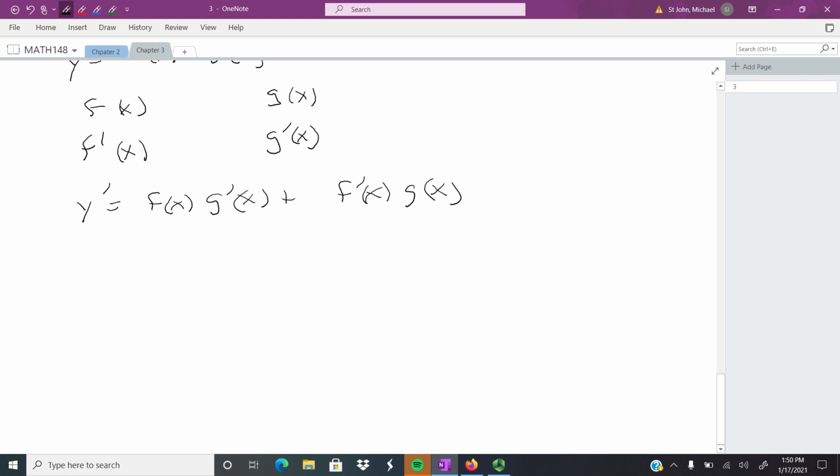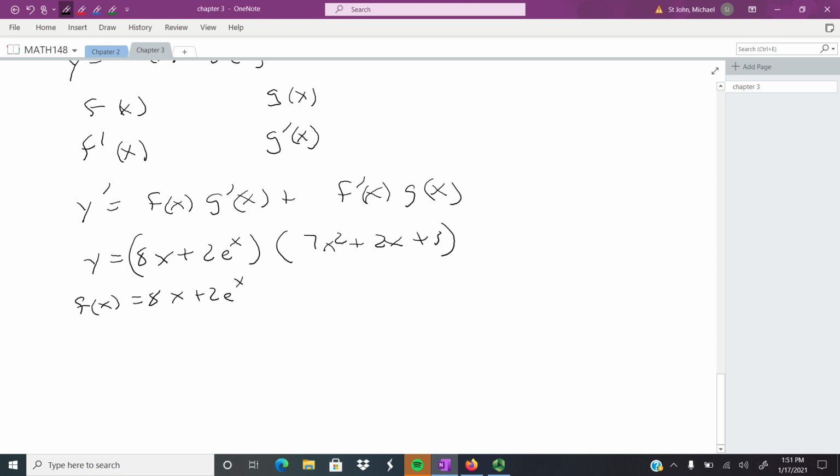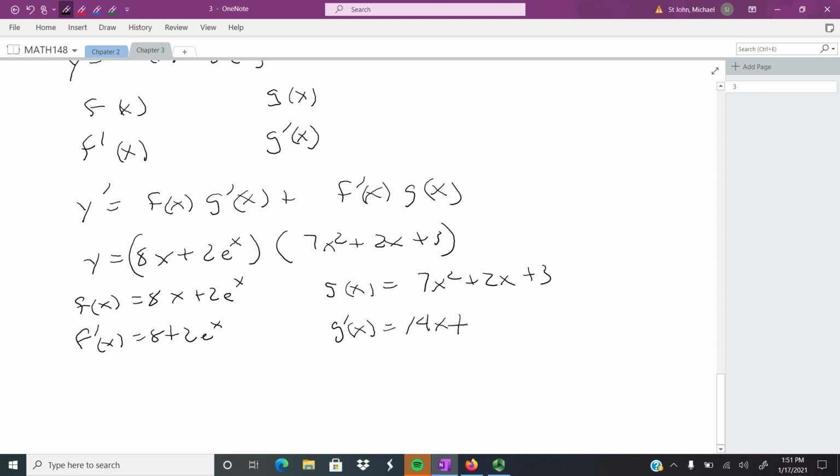So let's look at an example. Let's say y equals 8x plus 2e to the x times 7x squared plus 2x plus 3. So my f of x is 8x plus 2e to the x. My derivative is going to be 8 plus 2e to the x. And then my g is the 7x squared plus 2x plus 3, and the derivative of that piece is going to be 14x plus 2.